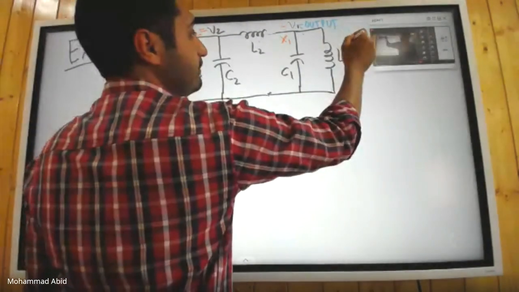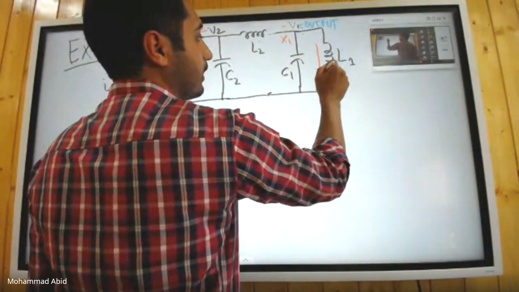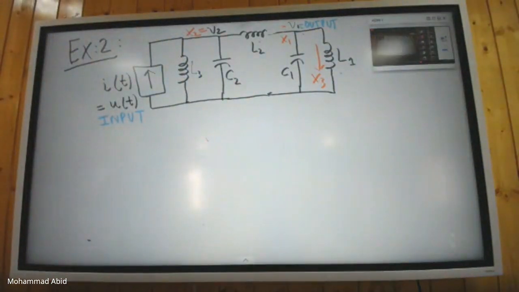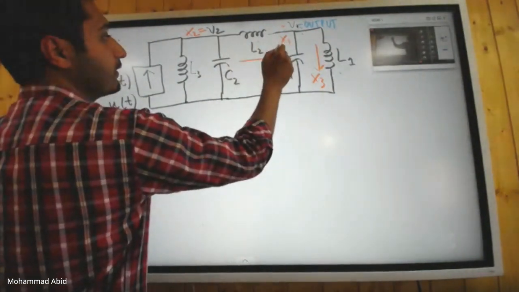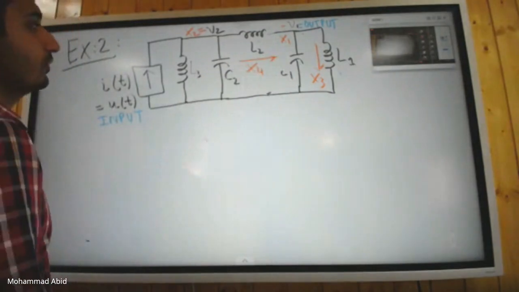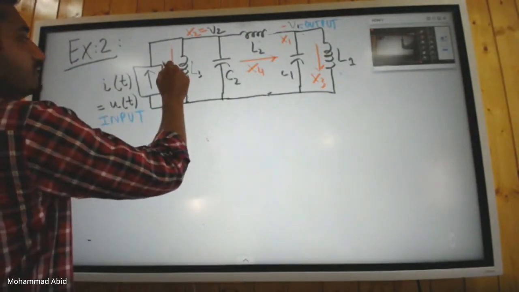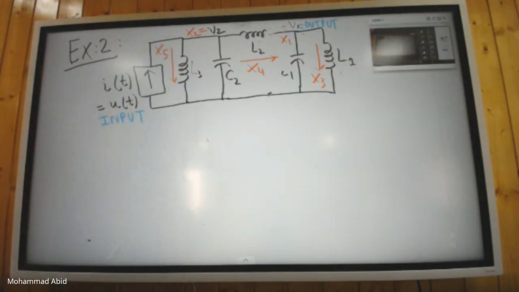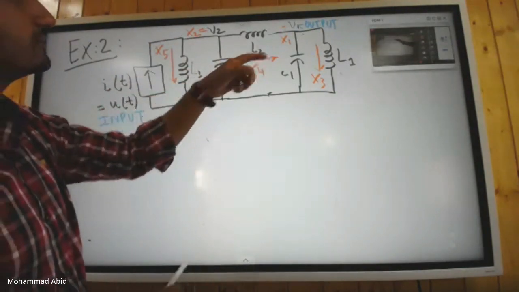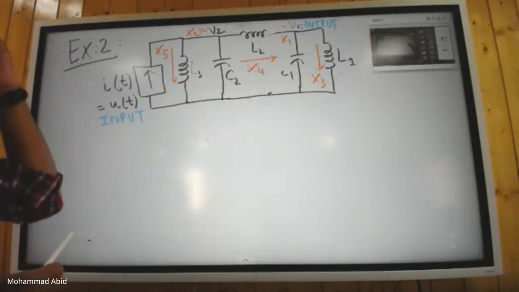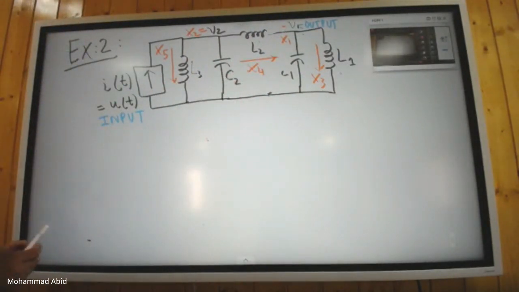X3 I will measure as the current through L1. X4 is the current through L2, and X5 is the current through L3. So I will label my state variables: these two are voltages and these three are the currents. So you have 5 state variables for this.